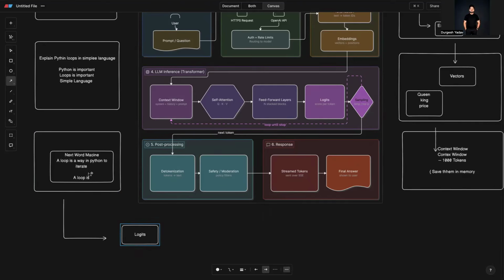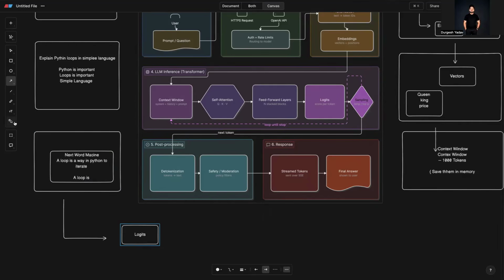I told you that it tries to generate words, and it can generate multiple words, but how does it decide which will be the perfect answer, "A loop is a way of Python to iterate"? To reach this state, it has generated multiple next words again and again. At this point, it converts them into logits.